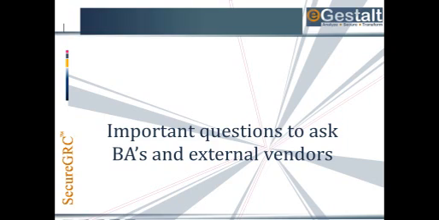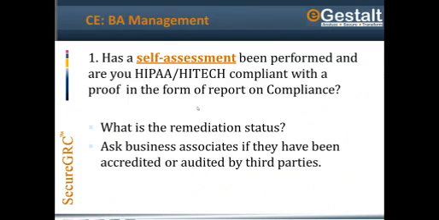As I said earlier, the covered entities have a shared responsibility along with their vendors and BAs to ensure that they're protecting PHI. And they need to be proactive about ensuring that all the vendors and all the business associates they work with are securing and taking adequate steps to ensure the privacy and security of the PHI data.